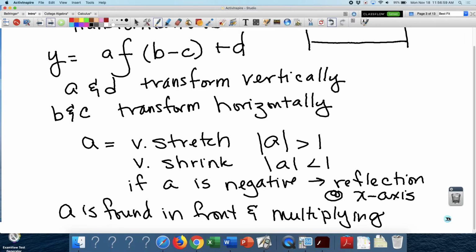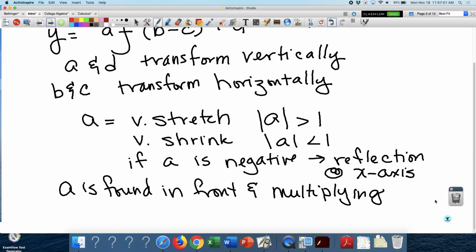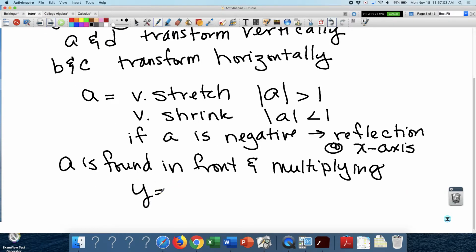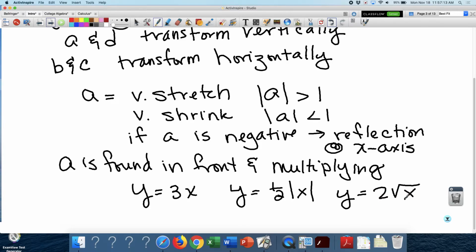This is what this will look like. Those are examples of your A. There may even be a negative. So do you notice A is in front of the X, with no brackets, no parentheses, no grouping symbols.